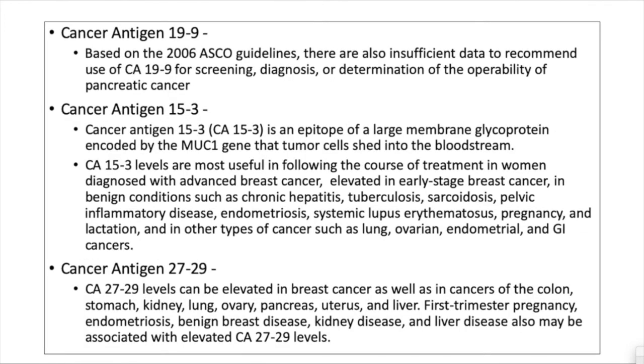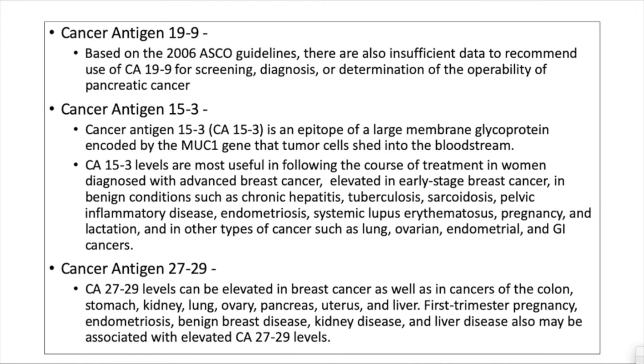Then there is cancer antigen 19-9. Based on the ASCO guidelines, there are not sufficient data to recommend the use of cancer antigen 19-9 for screening and diagnosis, but it is also used in pancreatic cancer screening.